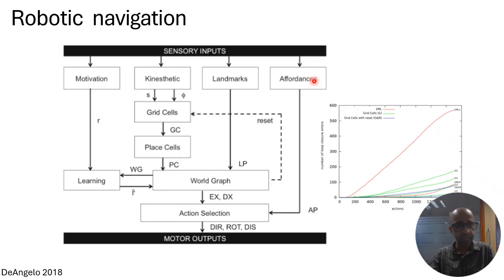So now you can create a biologically inspired robotic navigation system that combines landmark-based navigation as well as path integration-based navigation.